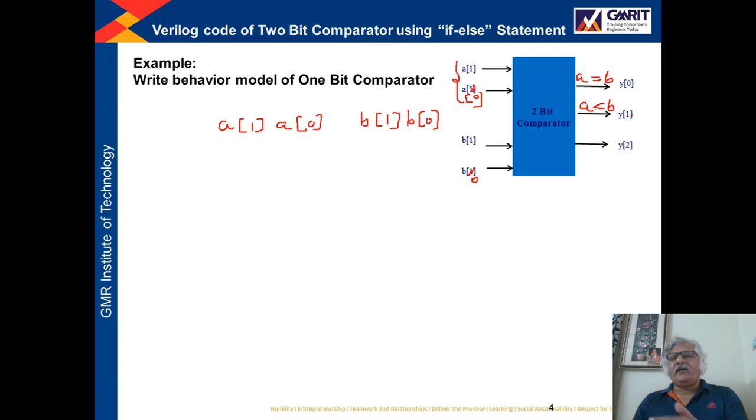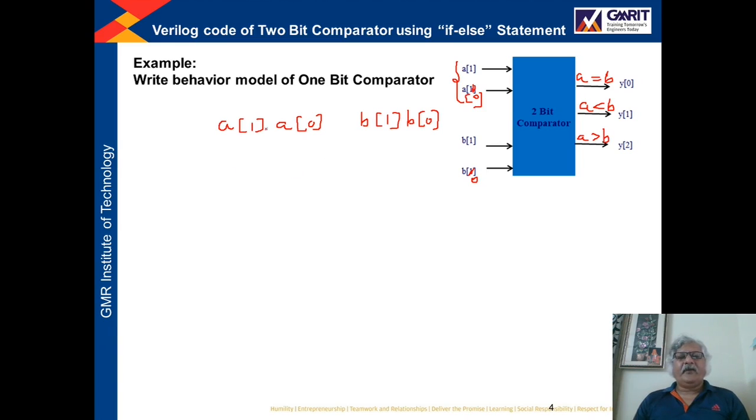So wherever you are getting 1, that indicates whether A is greater than B, or A is equal to B, or A is less than B. If A is greater than B, then Y2 will be high.